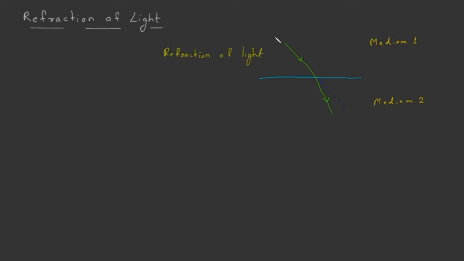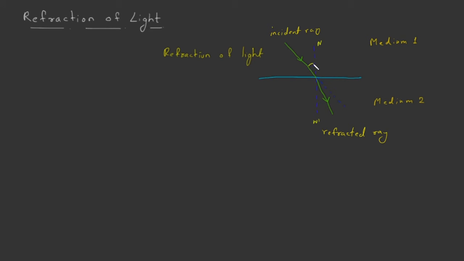This ray can be marked as incident ray, and this ray can be marked as refracted ray. We can also draw the normal to the interface of two transparent media at the point of incidence, and we can mark it as n dash.